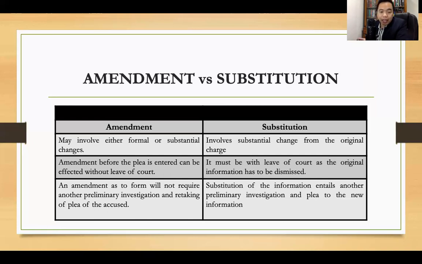So there will be a rearraignment. In case of amendment, there is no need for another preliminary investigation. But in case of substitution of the complaint or information, then another preliminary investigation must be conducted and the accused must be arraigned once more.